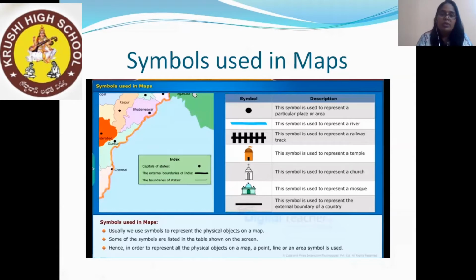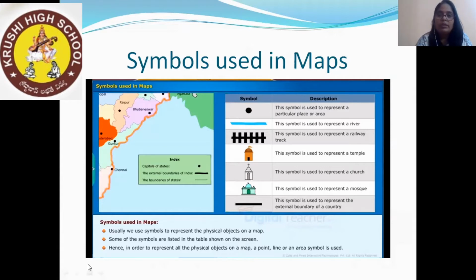For example, if in a place there is a temple, you can't place a big temple on a map, isn't it? So to make it simpler, what the geographers did is they used different symbols to understand the map, right?